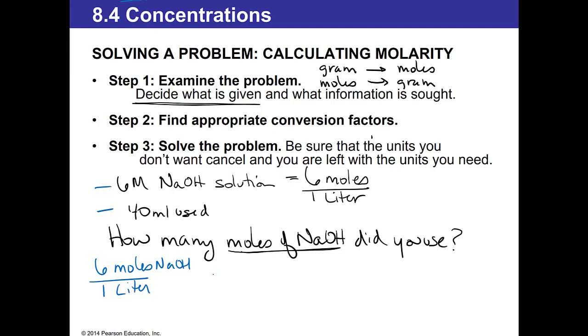Notice here I have liters, but in my number I have milliliters. So I have to convert this to liters to get your units to cancel. To go from here to here, 40 milliliters times, in the line, there's 1,000 milliliters in 1 liter.